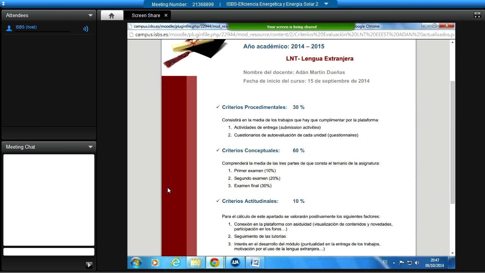So these are the percentages. The activities that you have in the platform, the questionnaire, the readings, the listenings, these are 30% of the mark. 10% is participation here in class and attitude, etc. And then 60% is the exams. Look, there are 6 units, so each unit is 10%.